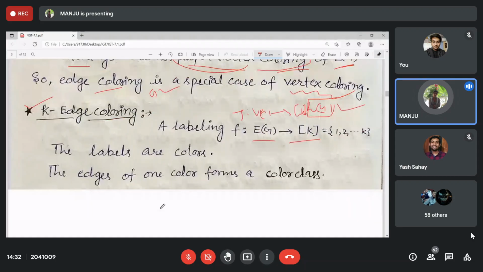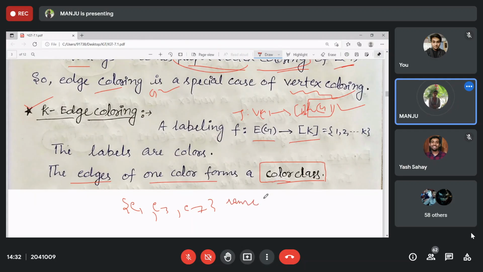And the vertices of one color form the vertex color class. Similarly, the edges of the same color form the color class. Now, can you tell me whether all the edges of this color class will form a matching or not? Suppose E1, E3 or E7 are getting the same color.